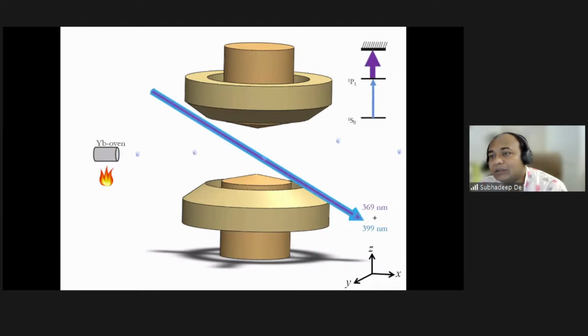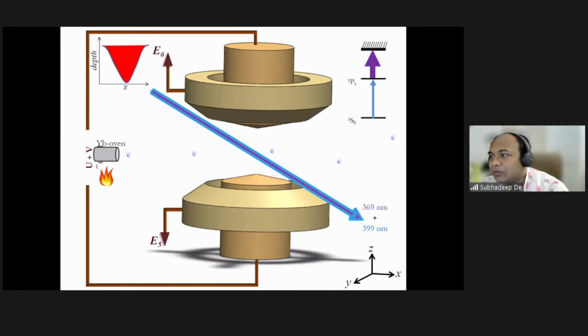So you apply enough UV light, and then you strip out one of its valence electrons. Ytterbium has two valence electrons. You just strip out one of them, and then it becomes a singly charged ytterbium ion, and that process is called photoionization. I think probably all of you know about that. Basically, you apply photons to strip out the electron.